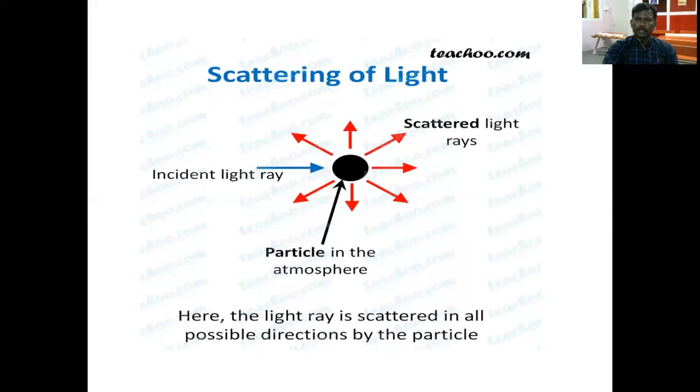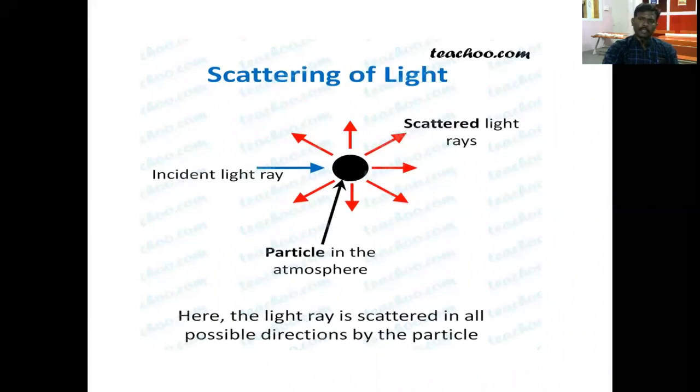And how much it will be scattered is explained by the formula S directly proportional to 1 by lambda power 4. That concept I already told in the class. You note this concept. If you are increasing the wavelength of the light ray, what will happen? If you are decreasing the wavelength, what will happen? If you are increasing the frequency, what will happen? There are 4 types of question, and there is a chance of them being asked in your exams.